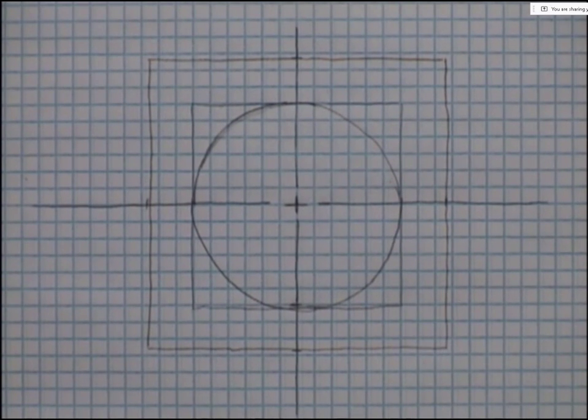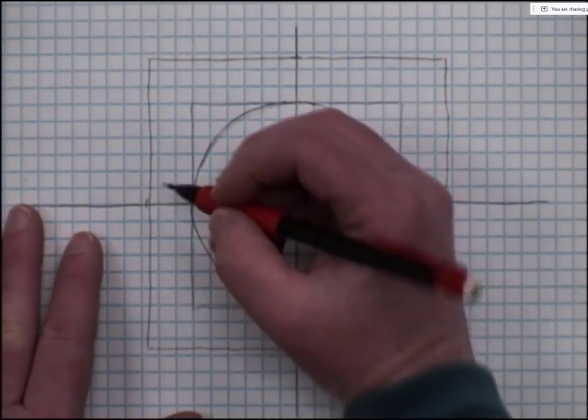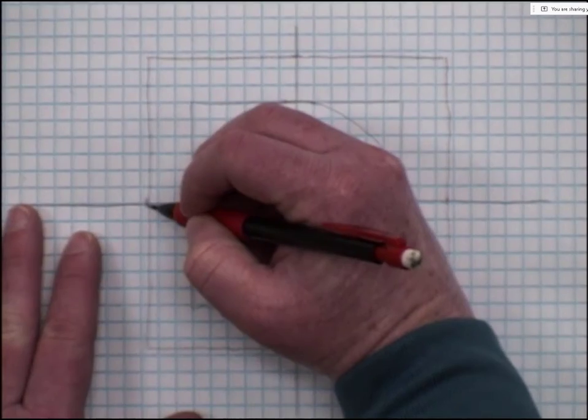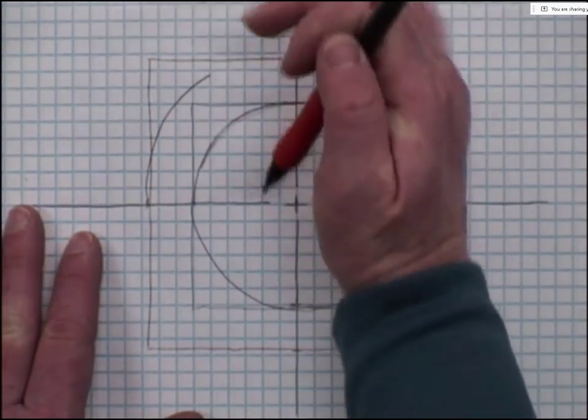And once you have your box created, you can feel free to go ahead and create your circle. Now this circle, we're obviously going to keep it, but it's not a visible line. It's going to become a center line. And center lines aren't quite as dark as the object line, but on a sketch, you're probably not going to be able to tell a huge difference.